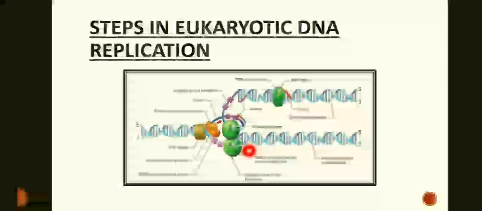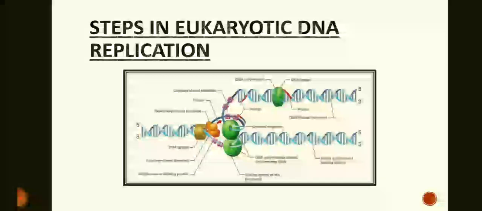As you can see in this figure, the bubbles are forming, and at the origins the enzymes unwind the double helix, making its components accessible for DNA replication. The helix is unwound by the helicase enzyme to form a pair of replication forks, and the unwound helix is stabilized by single strand binding protein and DNA topoisomerases.